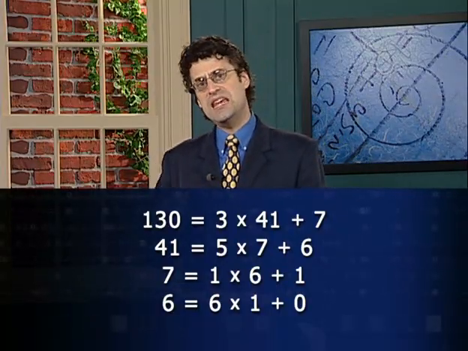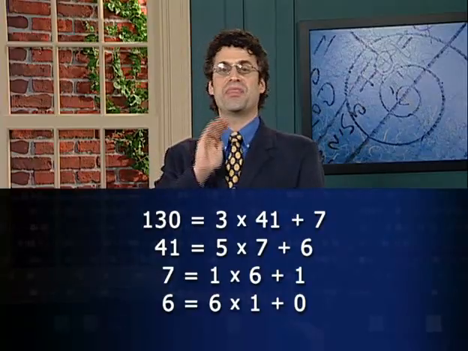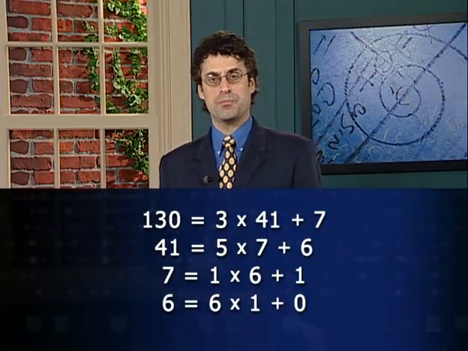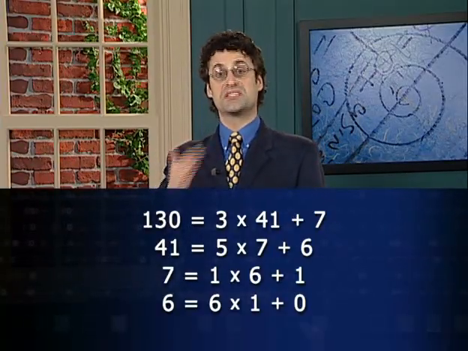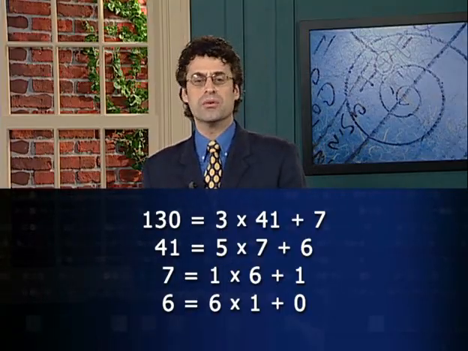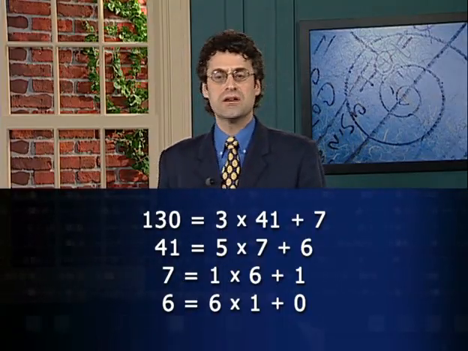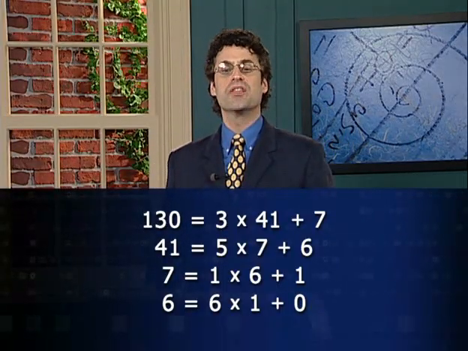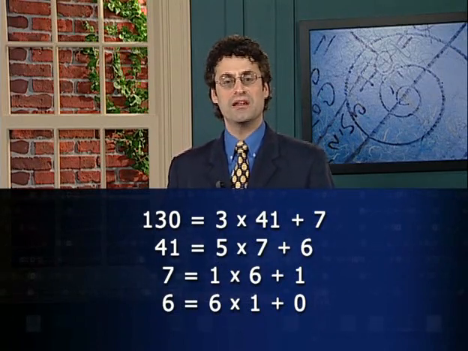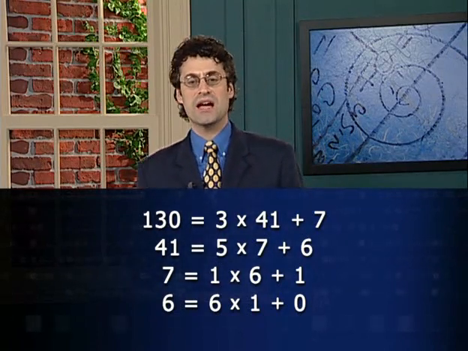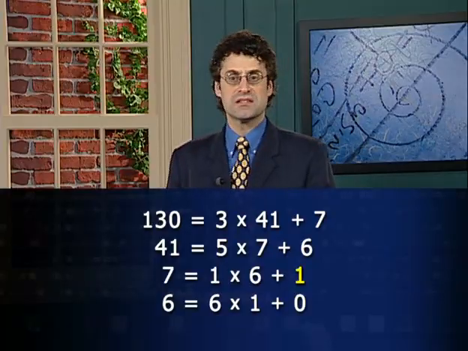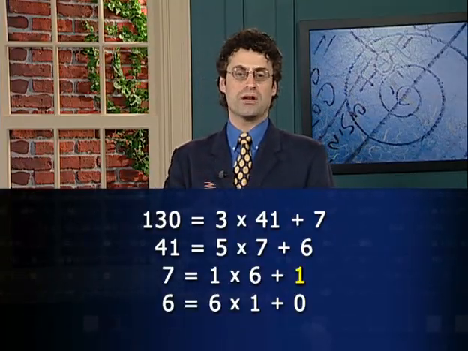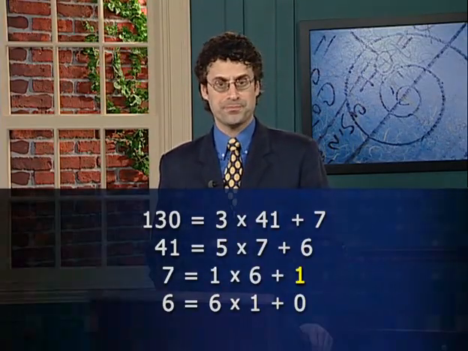So we see a remainder of 0, and that's the halting process. We stop, and now what do we do? Well, the last non-zero remainder equals the greatest common factor. And if we move up to the previous line, we actually see 1 as the remainder, which is, of course, what we already found by simply factoring.